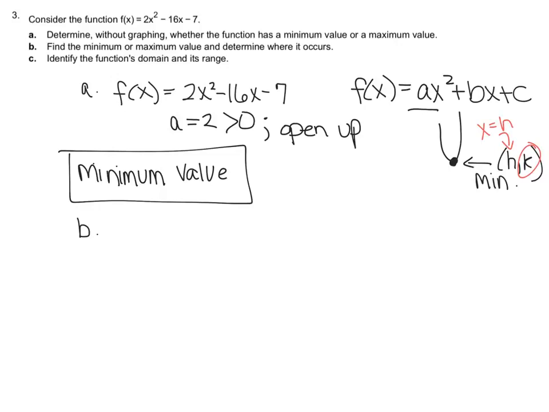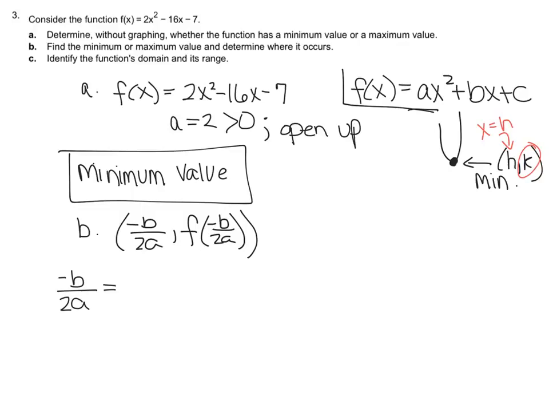To find the vertex, we're going to use the formula negative b over 2a. That will be our value for h, and then our value for k is f of negative b over 2a. And we're using this formula since our function is in general form.